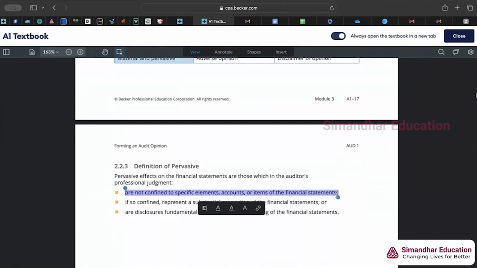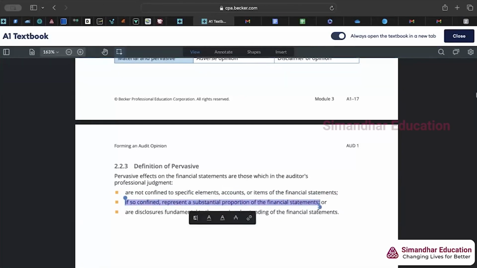When we spoke about cash and bank and we found out that you're not able to audit it, it is impacting all the elements or different elements of financial statements, then that becomes pervasive. Now, if it is confined, it is a substantial portion of your financial statements.